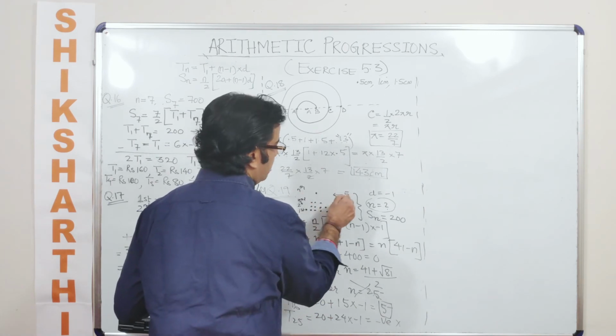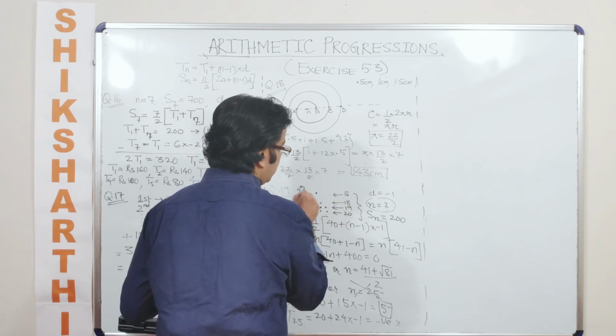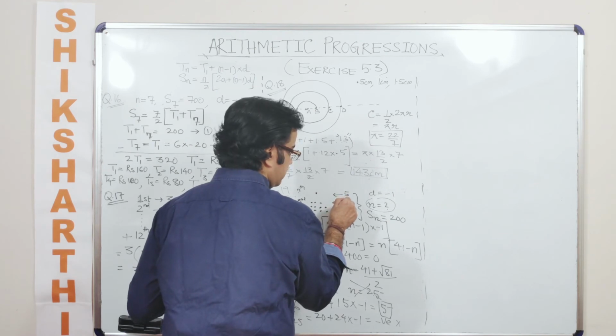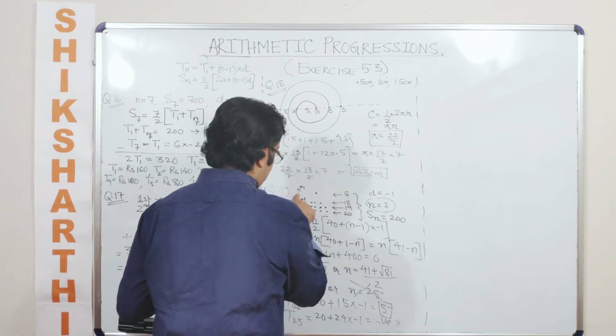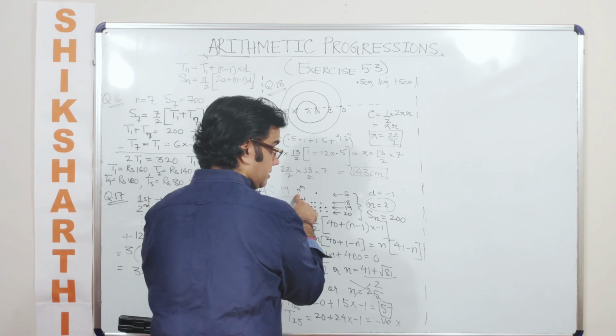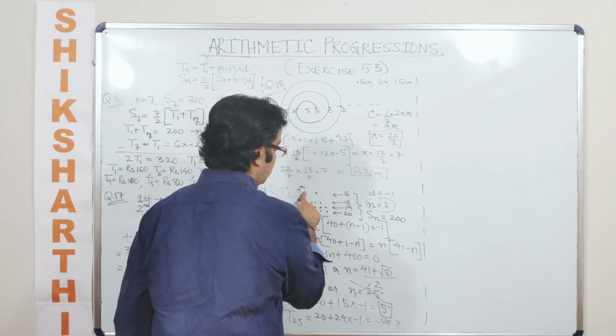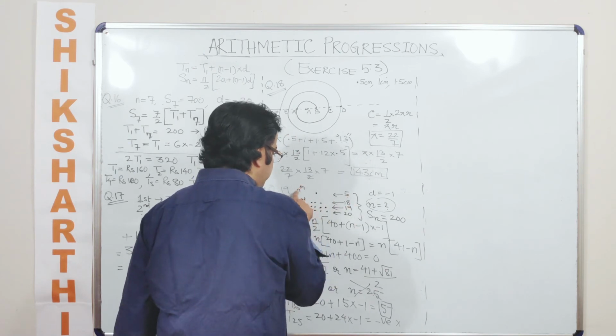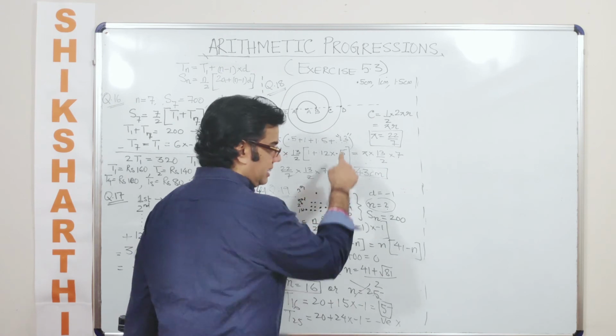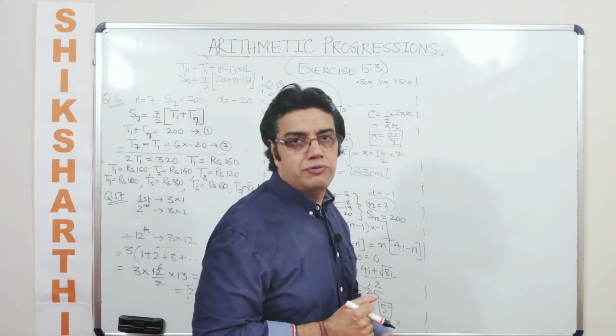In the 16th row we got 5 logs. In the 15th row we get 6 logs, and this is how we work it out for the other rows as well.